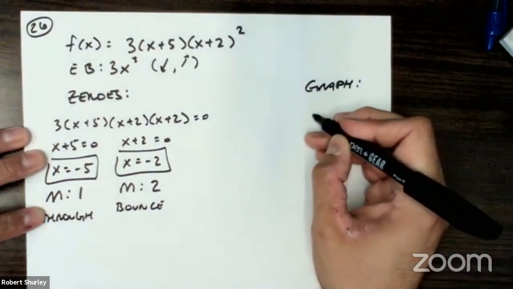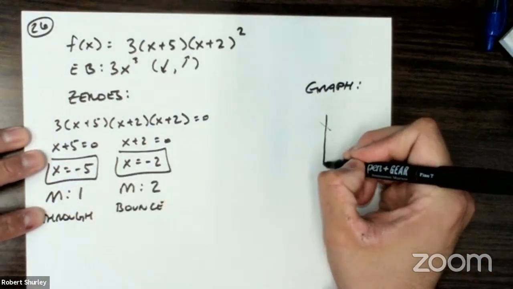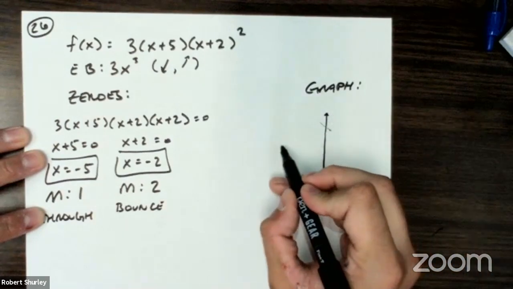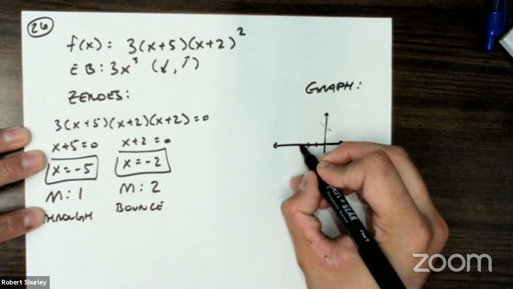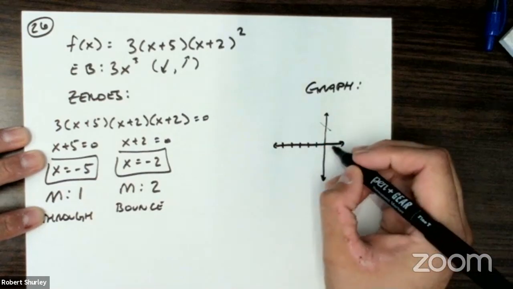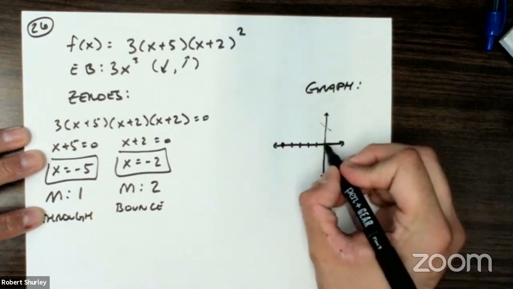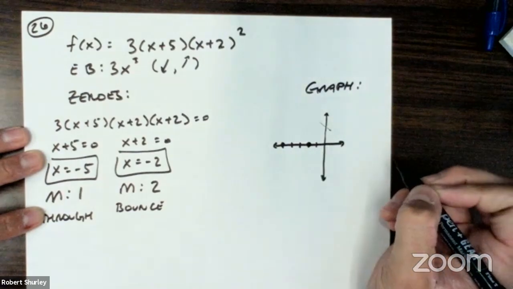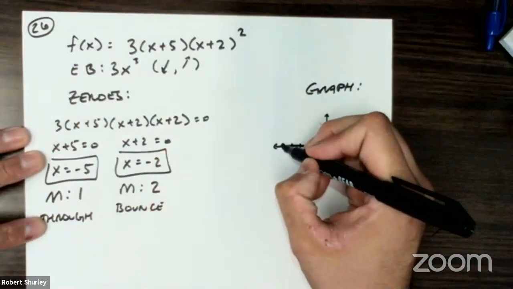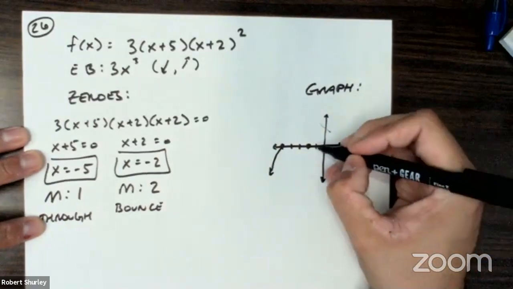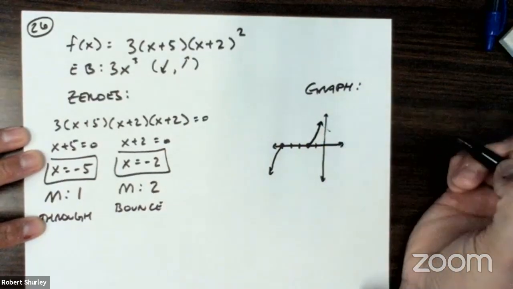So let's graph this. Okay, -5 and -2, so I can kind of graph it to the left. 1, 2, 3, 4, 5. So at -5, we're here. At -2, we're here. And we know the end behavior tells us it's going to go down and to the left here, and then up and to the right here, right?